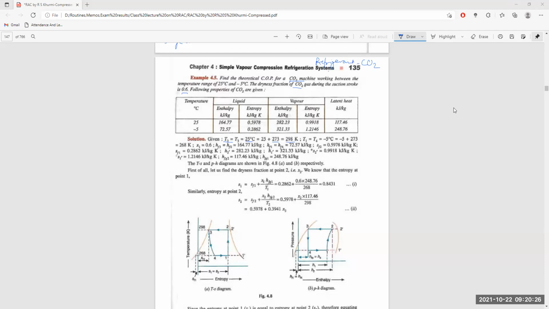So what is the suction process? It is the suction stroke, during which the dryness fraction is 0.6.